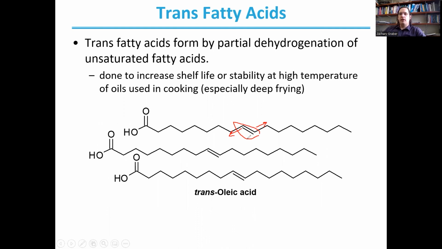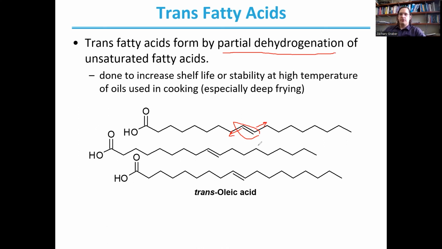Trans fatty acids aren't naturally formed, but they can be formed through various food processing mechanisms. So partial dehydrogenation results in trans fatty acids forming from unsaturated fatty acids. This is done by food processing companies in order to try to increase shelf life and stability of oils.